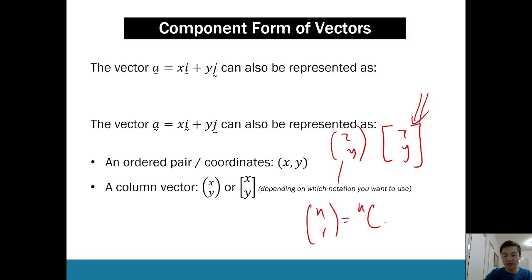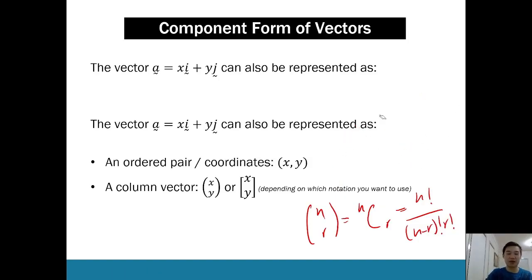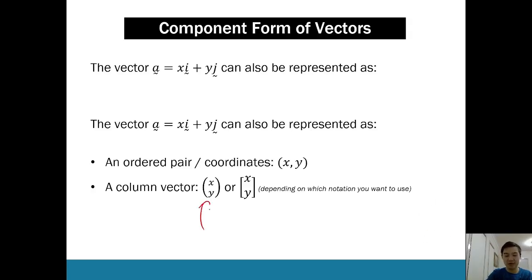That's the same thing as N choose R, nCr, when we did combinatorics in year 11. So I just like using the rectangular brackets to really illustrate it's a vector. But of course, I think NESA in their exams prefer writing it like that, but it doesn't matter, you can use both.